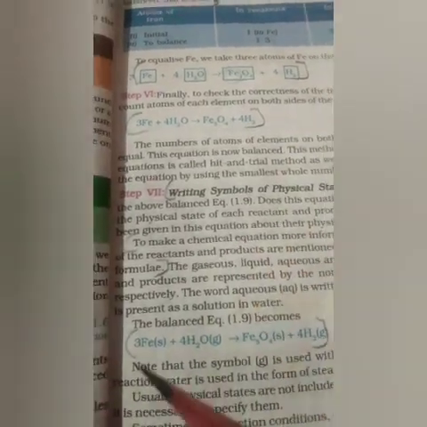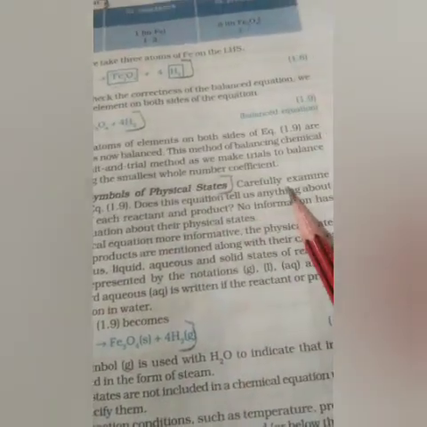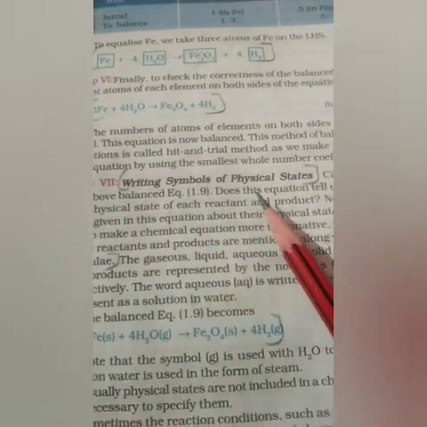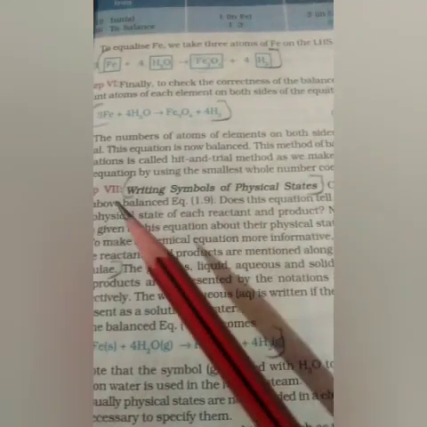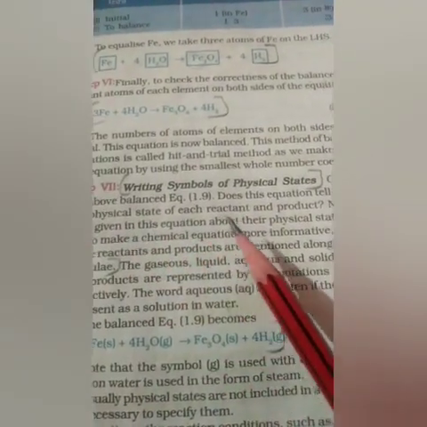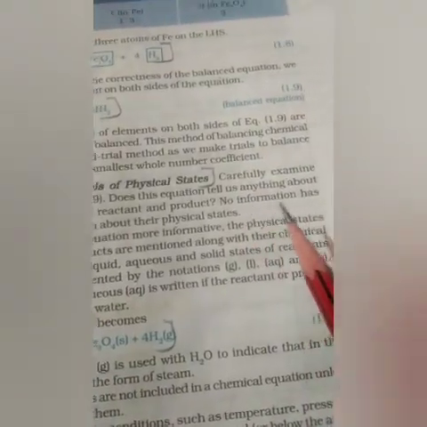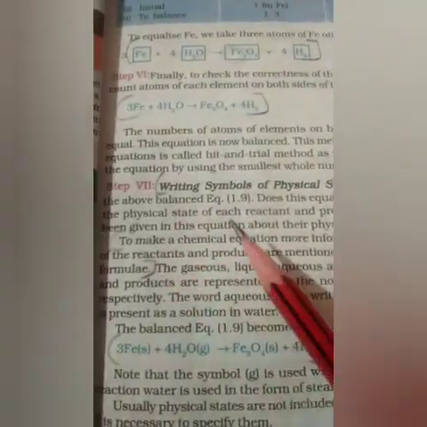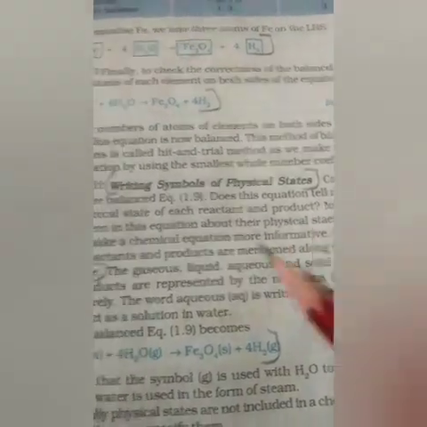Step 6: writing symbols of physical states. Carefully examine the above balanced equation. Does this equation tell us anything about the physical state of each reactant and product? No information has been given about their physical states.